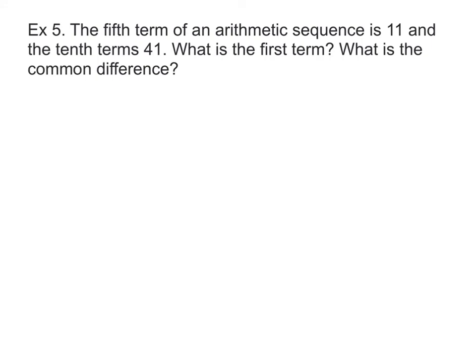Okay, the last example, and this one's going to take a while. It says the 5th term of an arithmetic sequence is 11, and the 10th term is 41. What is the first term? What is the common difference? Okay, so I'm going to have to use my formula more than once. So I know that x sub n is equal to a plus d times n minus 1.